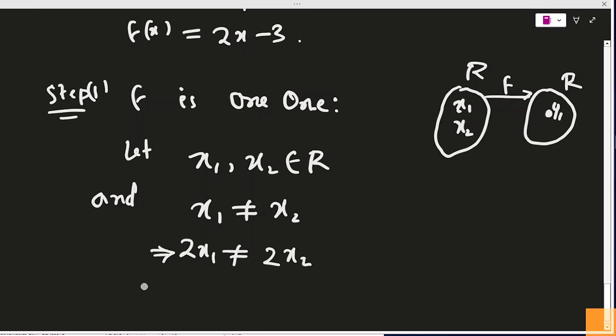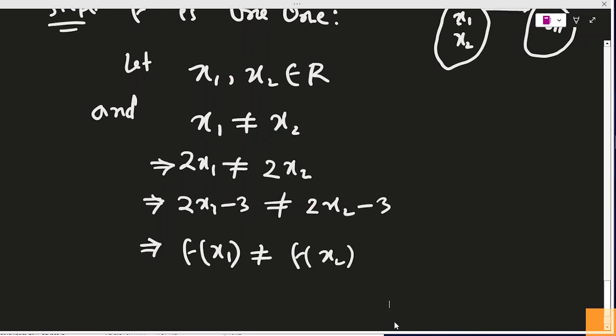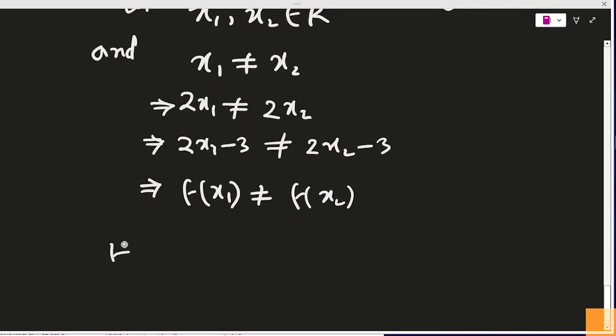This will imply, then twice x1 minus 3, अभी माइनस 3 बोथ साइड से कर दीजिए, twice x2 minus 3, ये भी इक्वल नहीं होगा. This will imply f of x1 not equal f of x2. So f is 1-1. Hence f is 1-1.